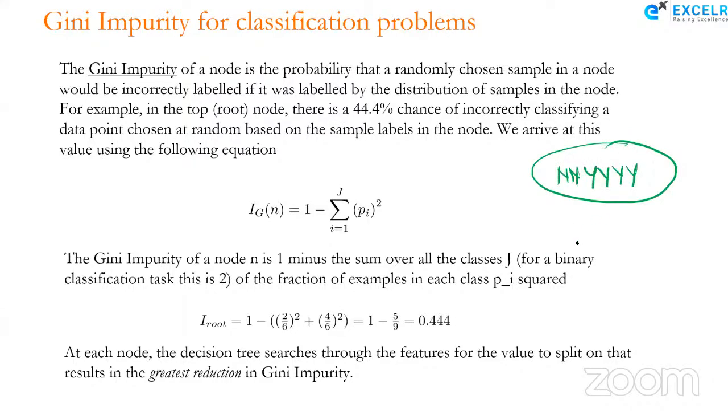The goal of Gini impurity is to split this particular node such that it results in least impurity. What does least impurity mean? More and more purity, just the opposite of impurity. So this should result in all no, and this should result in all yes, yes, yes. So the wordings are opposite, but the goal is the same: to achieve maximum purity and minimum impurity.